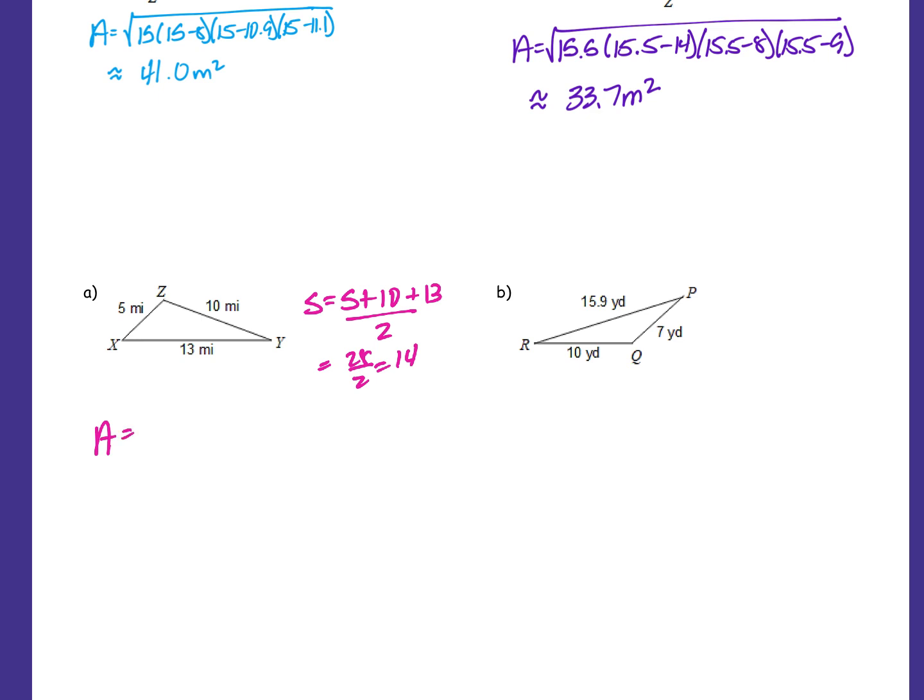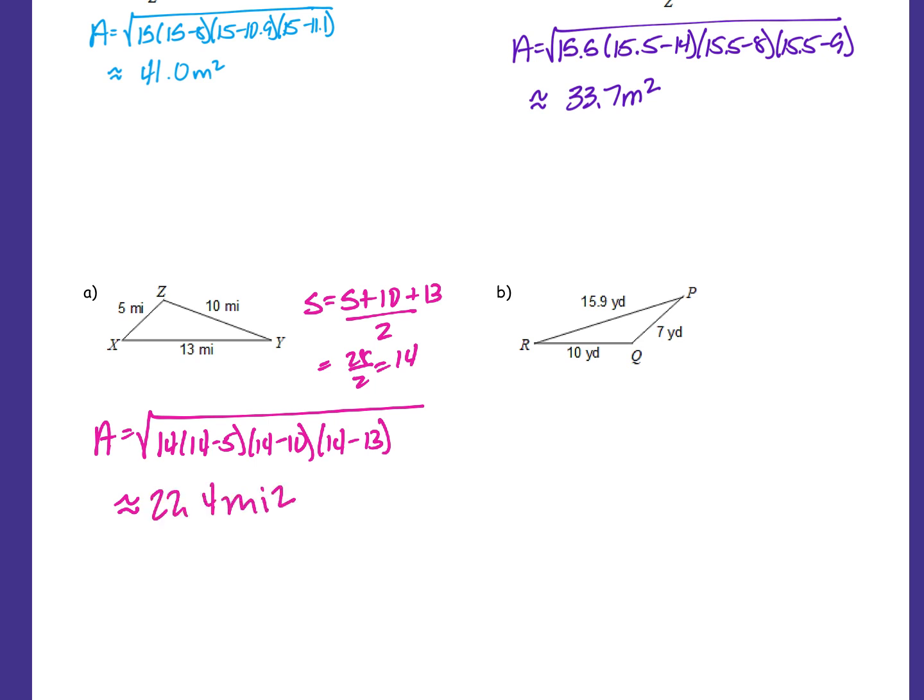So my area is going to equal the square root of 14 times 14 minus 5 times 14 minus 10 times 14 minus 13, which is approximately equal to 22.4 miles squared. Ooh, that doesn't look like a square though.